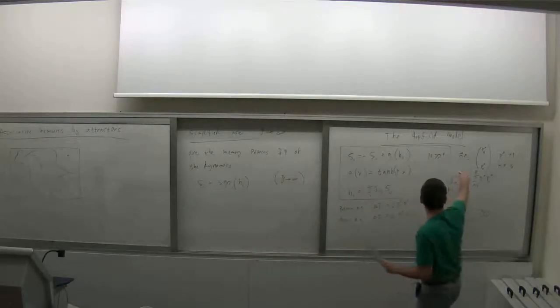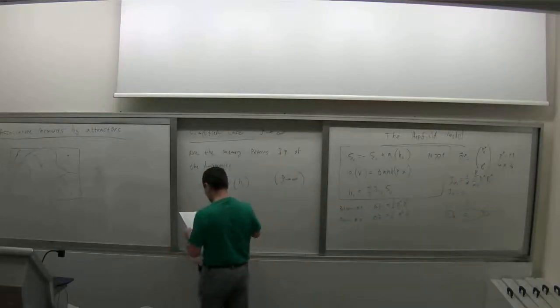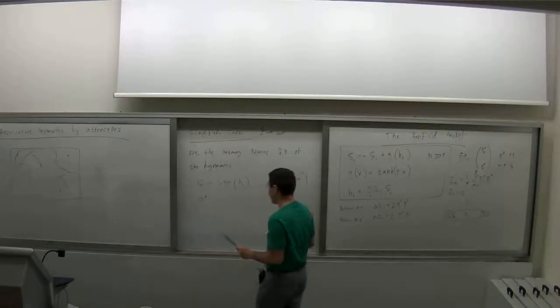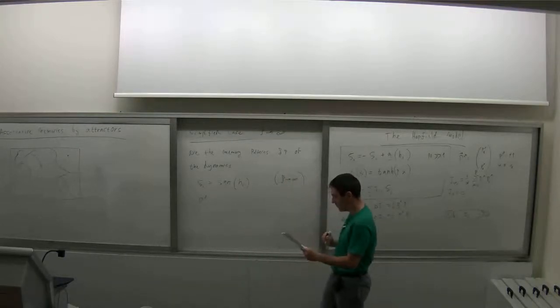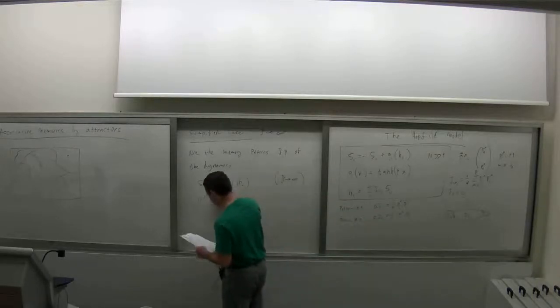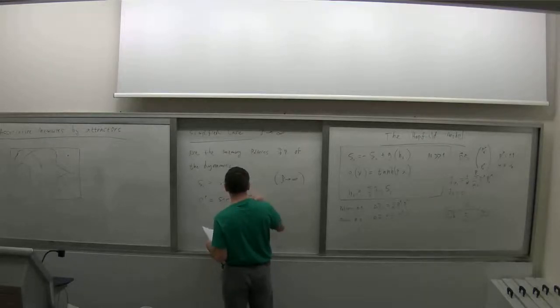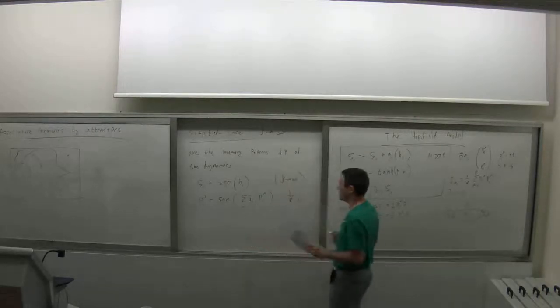Now, in order for a memory pattern to be a fixed point, the requirement is that xi_i^mu is equal to sine of the sum over j of J_ij xi_j^mu. And this has to be true for every i.